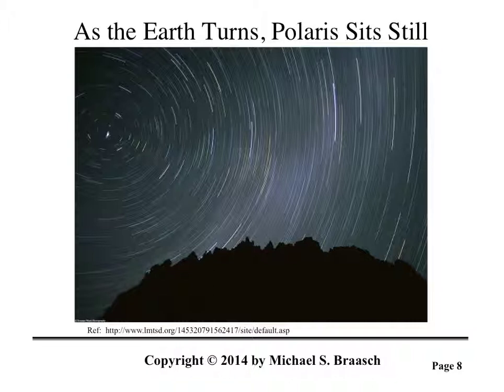And that's the key. That's why we use it. If we're up at a high latitude, that North Star appears high up in the sky. If we're down south, closer to the equator, then that North Star appears lower on the horizon. And so if you can measure that angle that the star is above the horizon, then you can figure out your latitude.